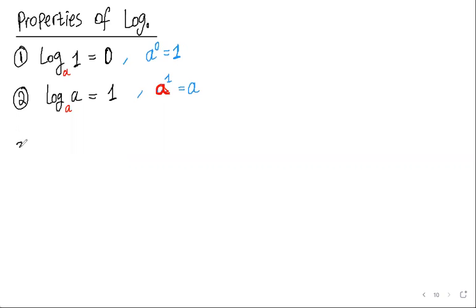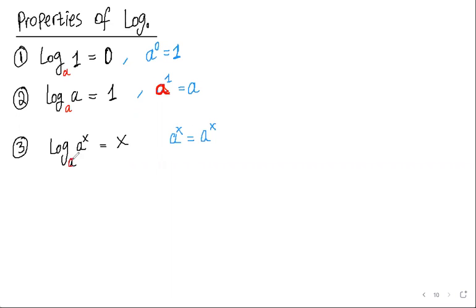Third property: log of a to the power x, to the base a, is equal to x. Same idea: a to the x equals a to the x, and this is true.